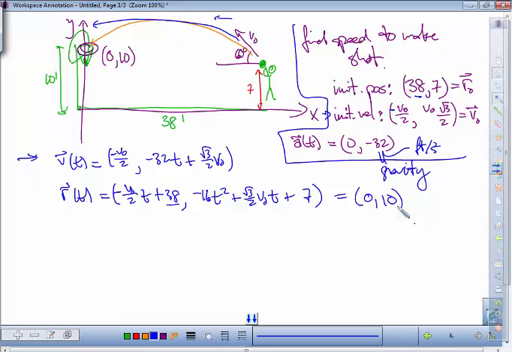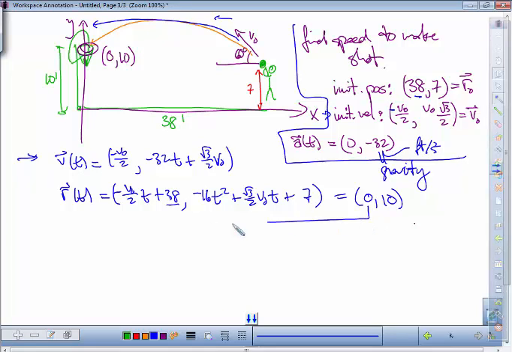So we're going to set that position vector to 0, 10. We will have 2 equations to deal with, and we're also going to have 2 unknowns. We're going to have the t, and then the initial velocity, which is what we're looking for. So we're going to put these 2 together and hopefully come up with a solution.